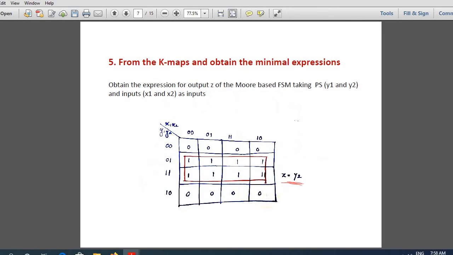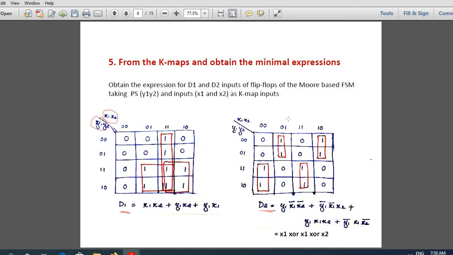Now look here, what is this? This is actually x1 x2 plus y1 into (x1 plus x2), right? And what is this?